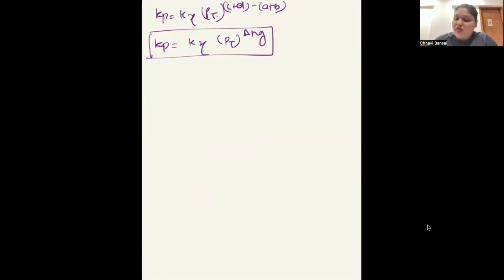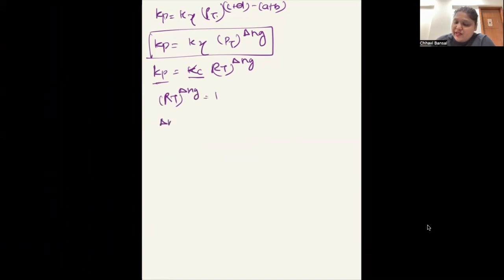This is the relation between Kp and K psi. Fine. Now, can I write both the equations here? Kp equals Kc (RT) raised to power delta Ng. Now, in which condition do you think Kp, Kc, and K psi are going to be equal? If Kp and Kc are equal, then (RT) raised to power delta Ng is equal to 1.